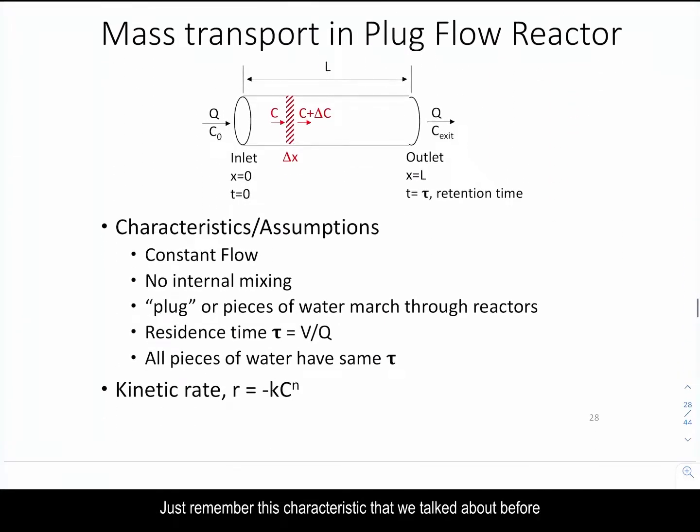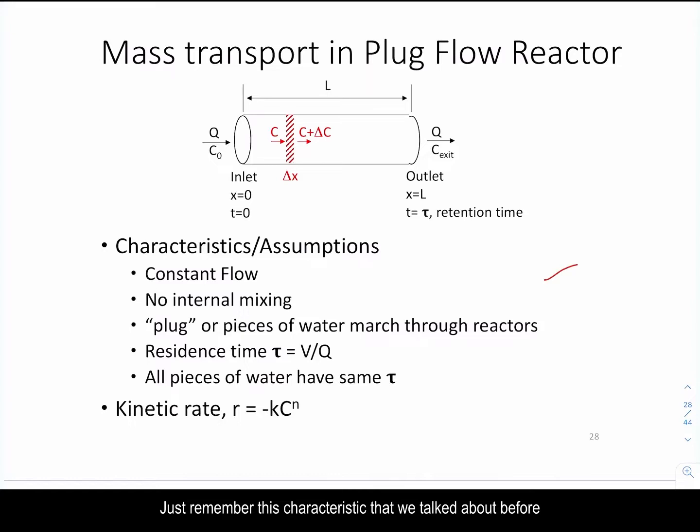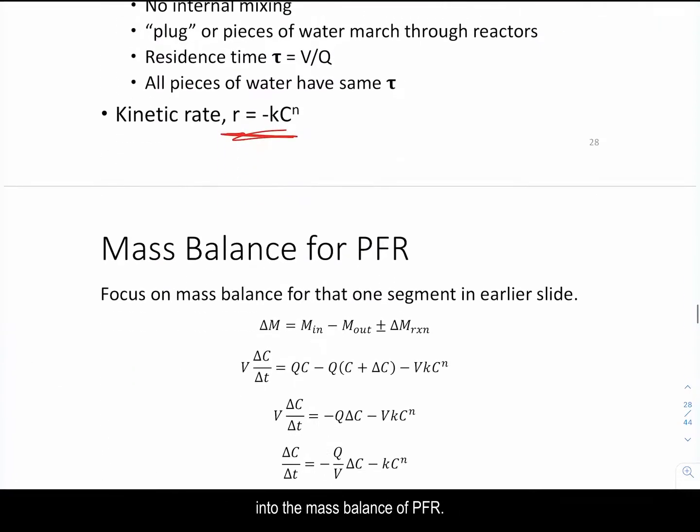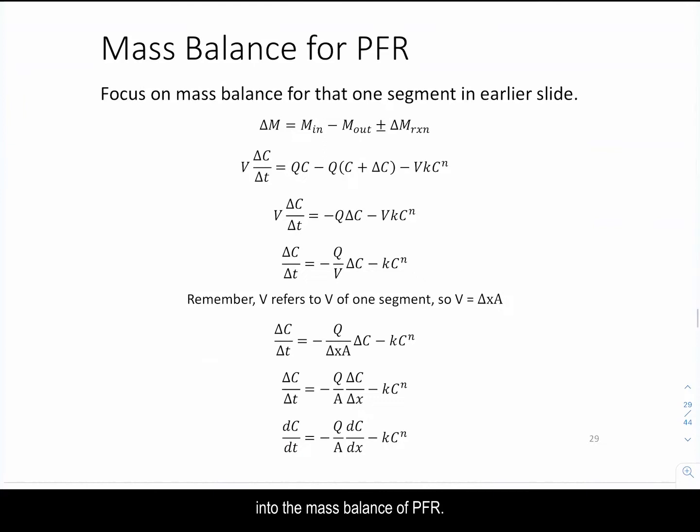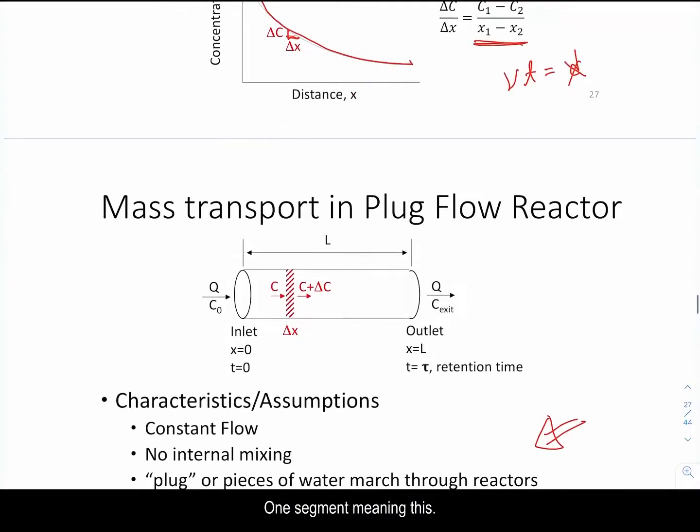All right, so here, again, just remember this characteristic that we talked about before, and now I'm going to introduce this kinetic rate concept because I want to use all of this in the mass balance of the PFR. So now, again, focusing on that one segment in the PFR.